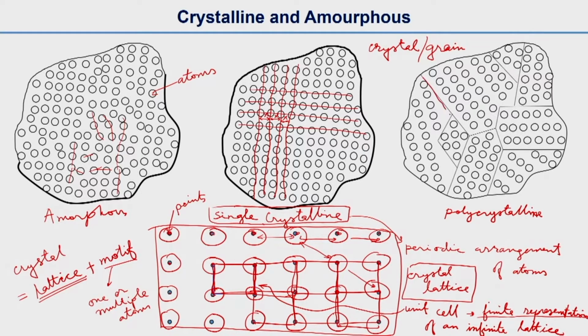Now if you see, this is one grain. The atom alignment is like this, and if you enter into another grain, the atomic arrangements are a little different, in a different orientation. Similarly the third grain has different atomic arrangements. That's why this is multiple grains.